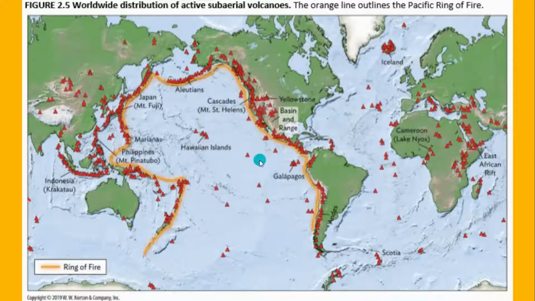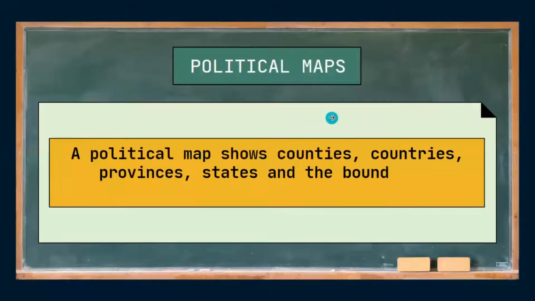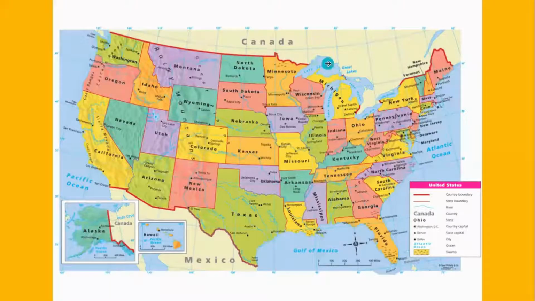So the next type of map is a political map. A political map shows countries, counties, provinces, states, and the boundaries that are separating them. This is an example here. We have, again, Canada as an example, and there are the different states that are outlined throughout the United States here. This is an example of a political map because it's clearly outlining the different states throughout the country.